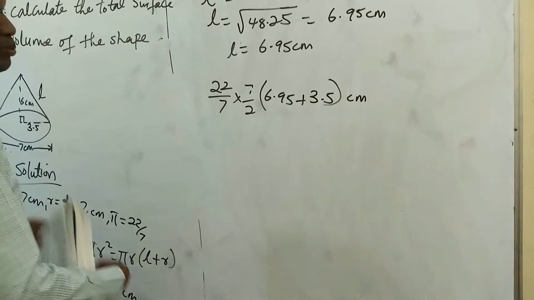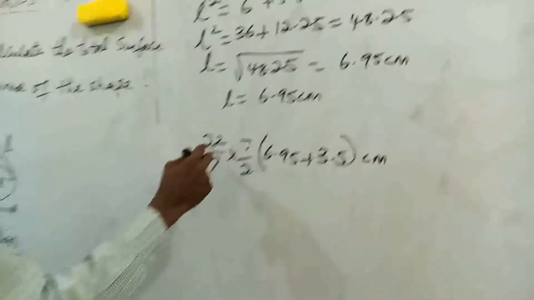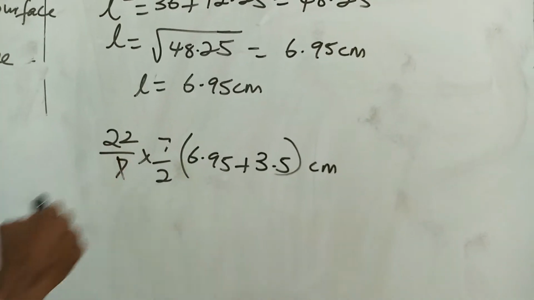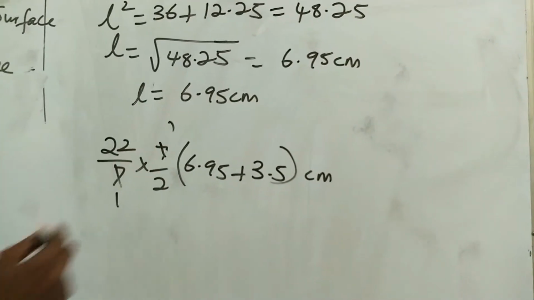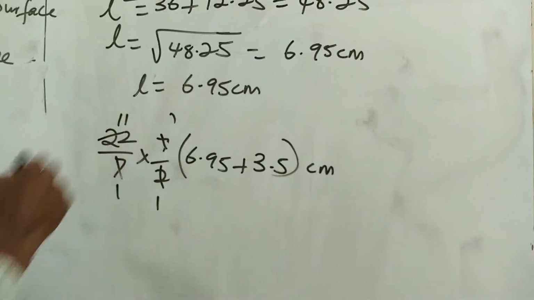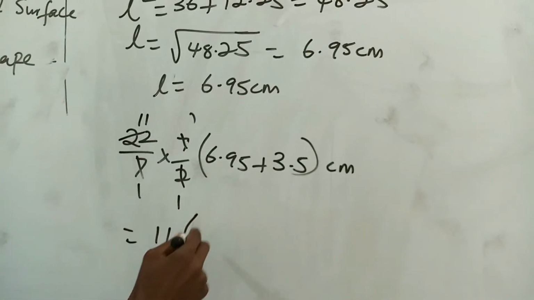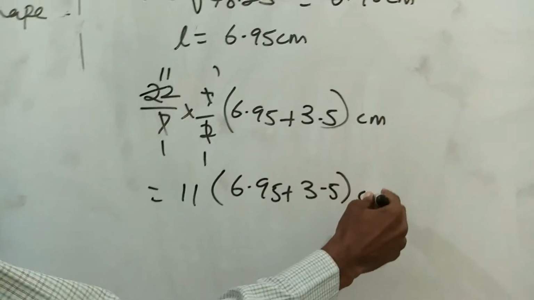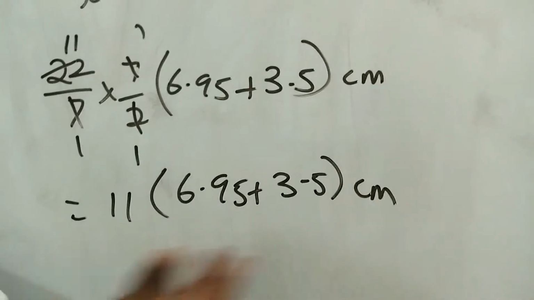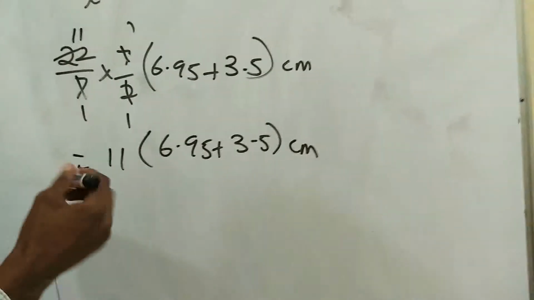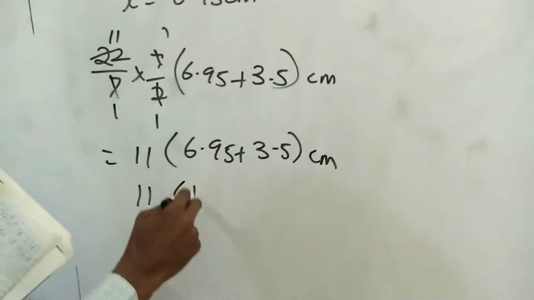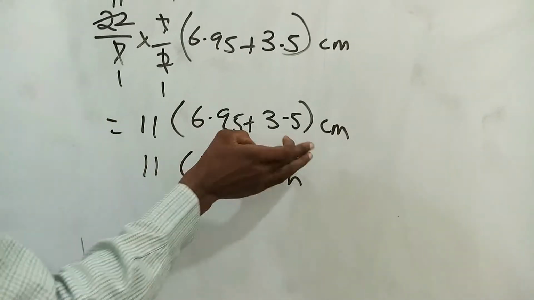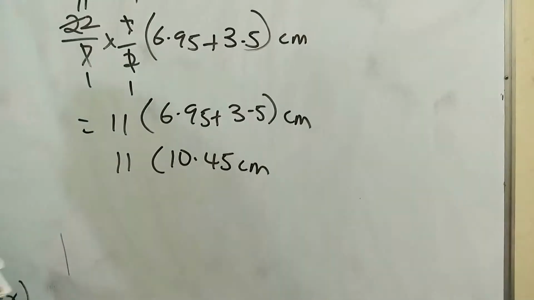So at this point we now cancel out. Before we cancel out, okay, 7 into itself is 1, 7 here is 1, 2 here is 1, 2 into 22 is 11. So we have 11 into bracket 6.95 plus 3.5, all in cm. Now we simplify our bracket by adding: 6.95 plus 3.5 gives 10.45.